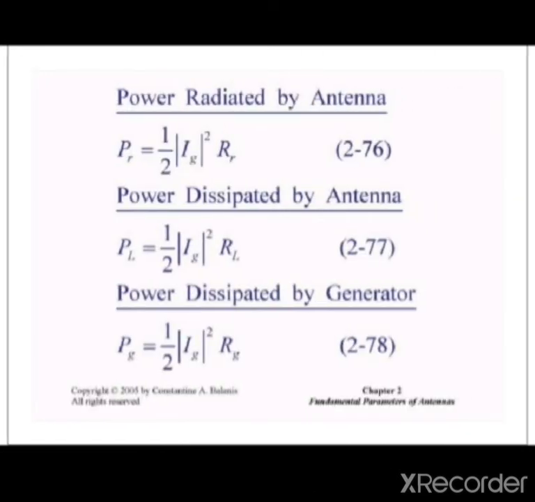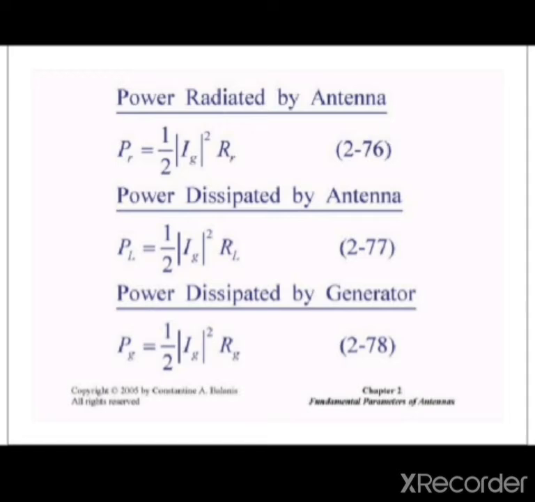Now the power radiated by the antenna, indicated by PR, is half into Ig square into RR, where RR is the radiation resistance. The power dissipated by the antenna, the loss, PL, is half into Ig square into RL, the loss resistance.